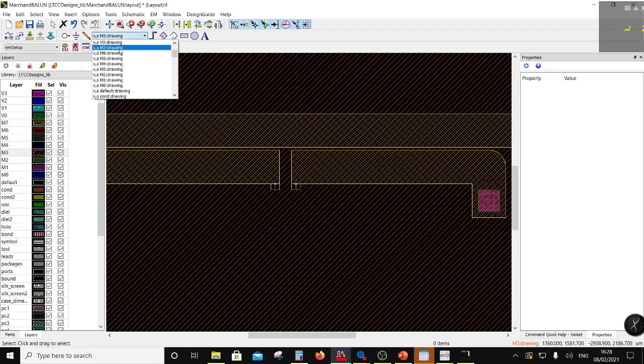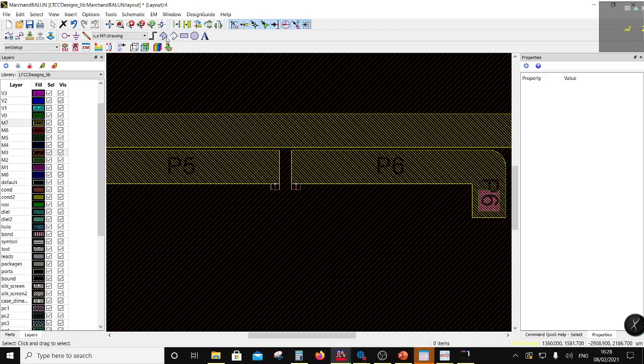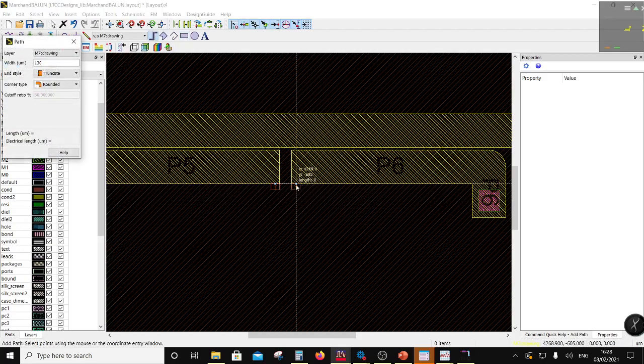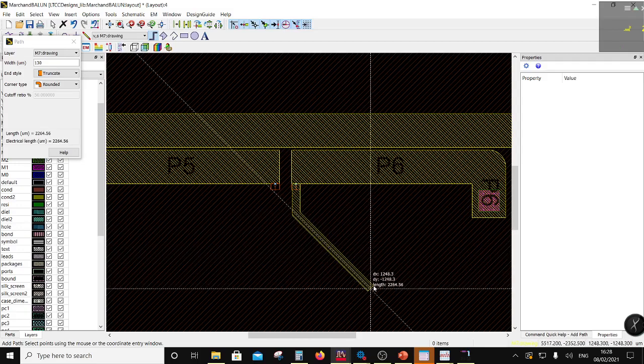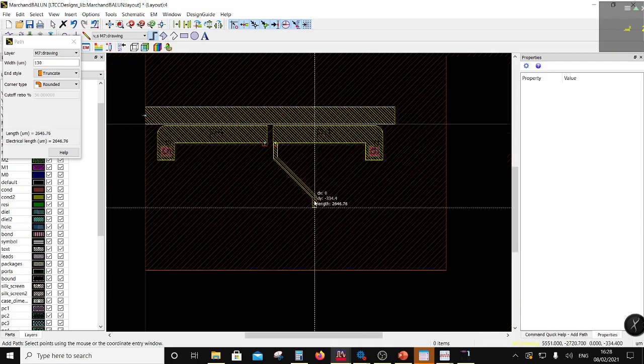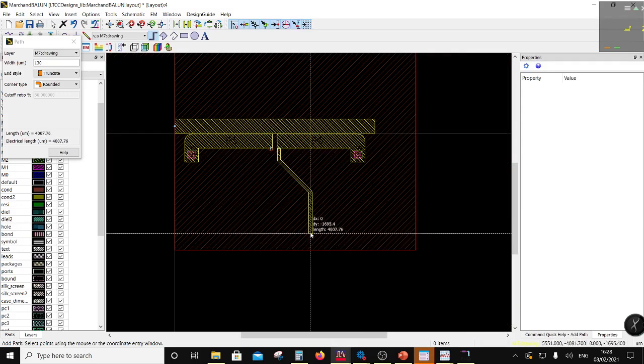I'm going to draw on M7 and this one. Right, so I am going 100 this way or 400 this way or 500. 400 is okay, 500. And then I'm going up to here, and then I'm going 3800 something.